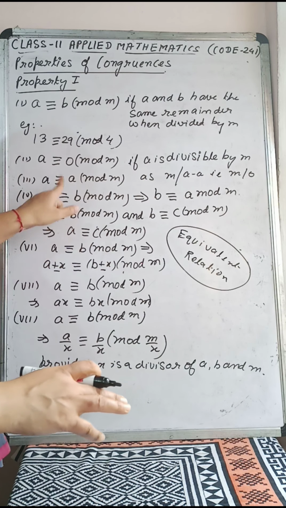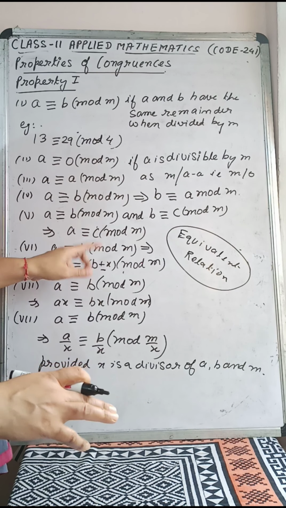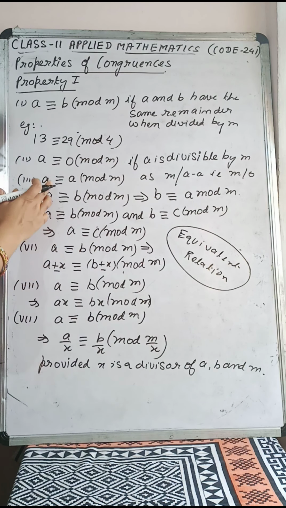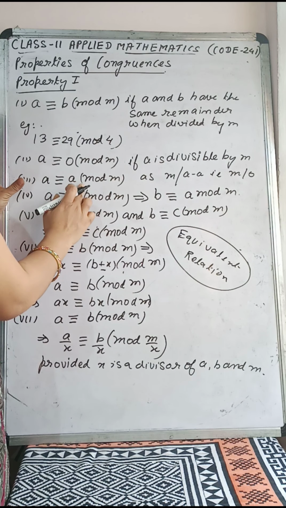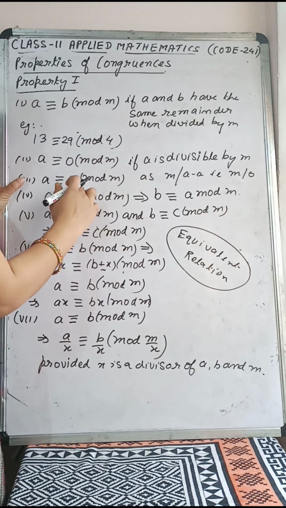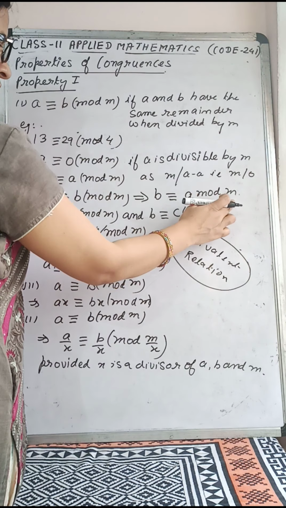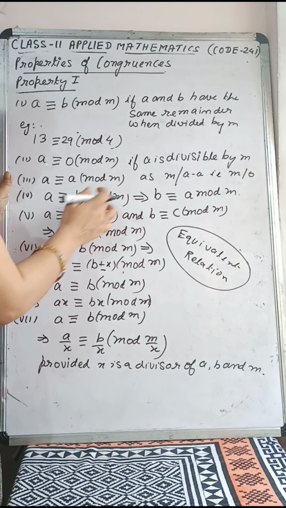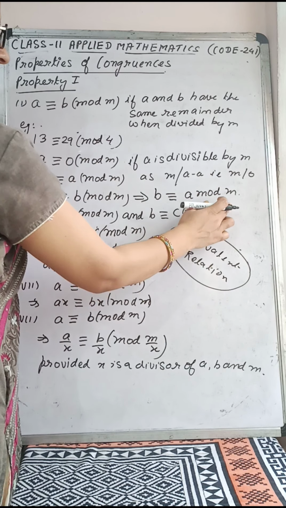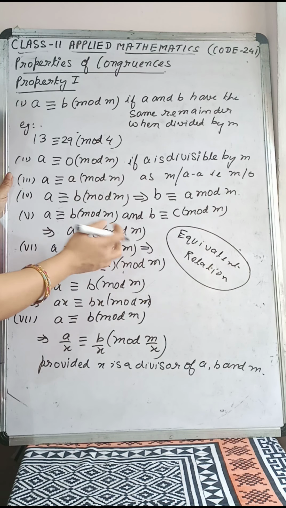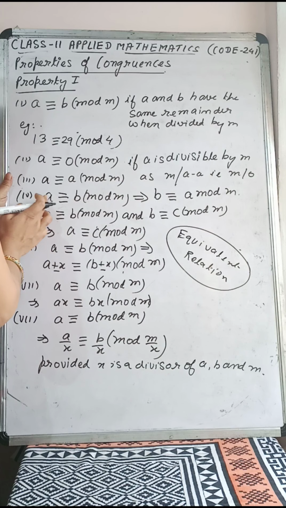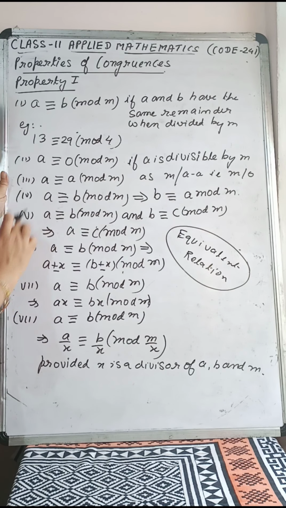Over here, the same thing holds for this modulo relation also. First, A is congruent to A modulo M, which is reflexive. A is congruent to B modulo M implies B is congruent to A modulo M. That is, if (A,B) belongs to the relation, then (B,A) also belongs to the relation. So this one is symmetric.